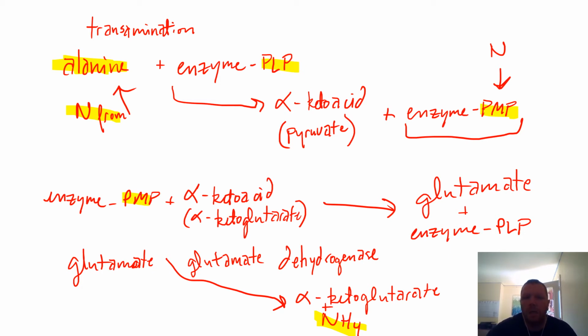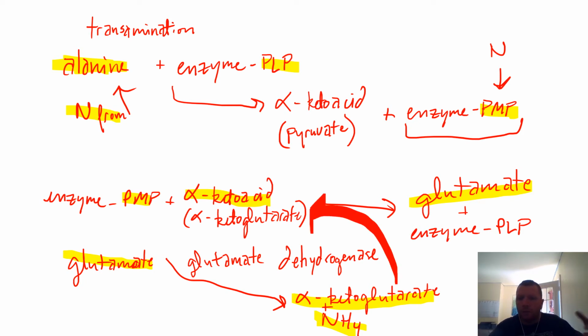The PMP then donates it to our alpha keto acid to become glutamate. That glutamate then donates that nitrogen to produce alpha ketoglutarate, which can jump back up here, and our NH4 can ultimately be excreted. We'll continue with this in just a second.